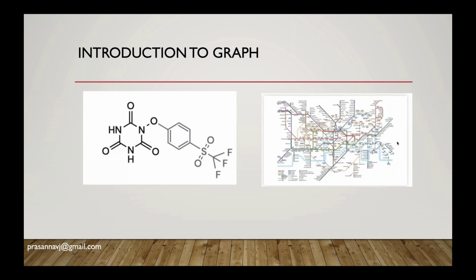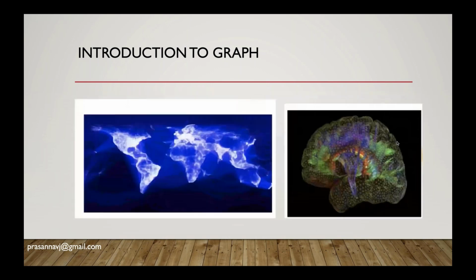Similarly, the first diagram is specific to Facebook's friend request details, how far they are going across the world, represented visually. This can very well be represented in a graph. And similarly, you take a human brain, and the human brain can be very well structured and represented in a graph based representation.